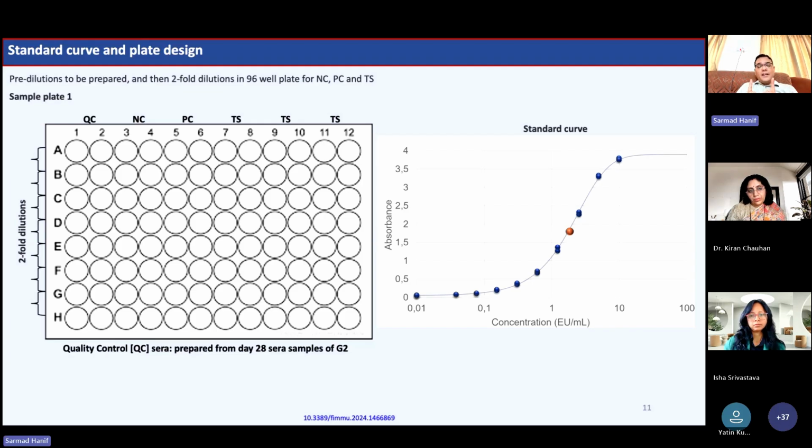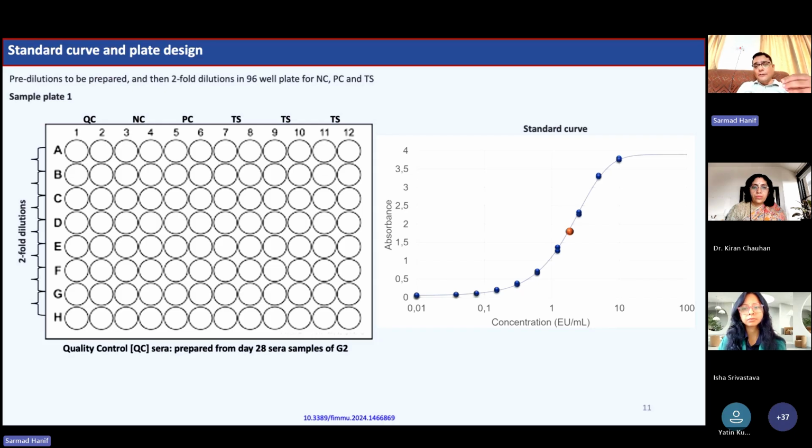ELISA gives you the total antibody concentration. Persistent antibodies, as I told you in the presentation, are IgGs. The ELISAs you do give you the total IgG concentration.